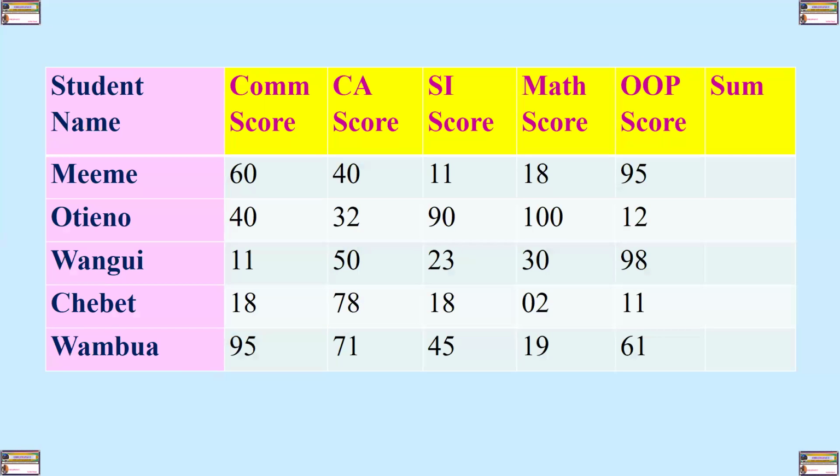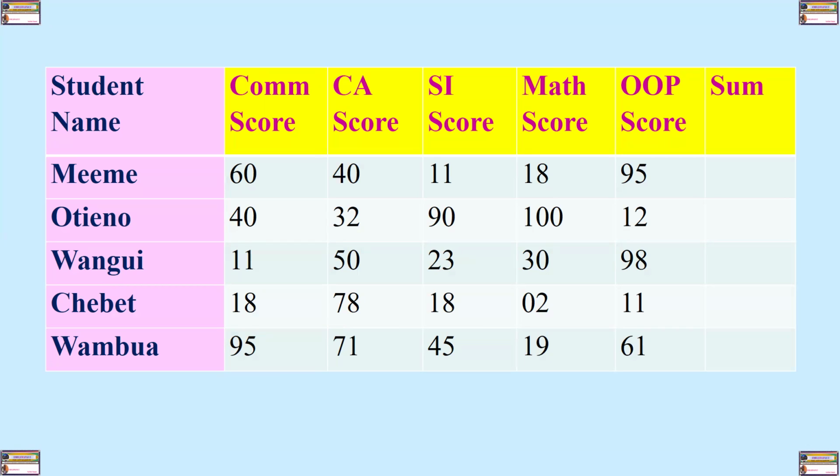So in the case we have dealt with, we had only a single record for a single student, like Meme, 60, 40, 11, 18, and 5 for each of the subjects. But now we have additional rows or additional records.